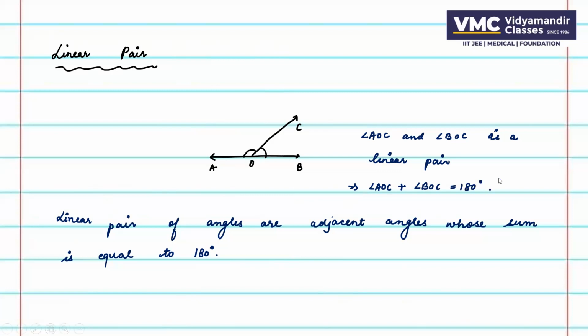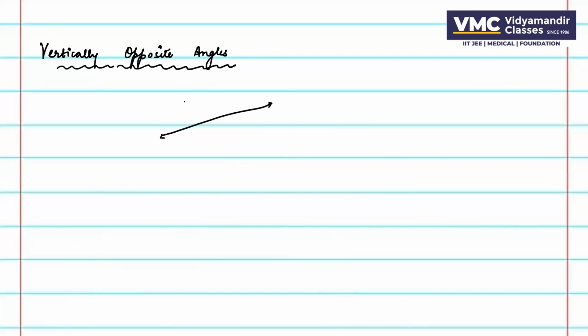Next, we come to the vertically opposite angles. Now, the vertically opposite angles are always formed when we have two lines which are intersecting each other at a common point. Okay?